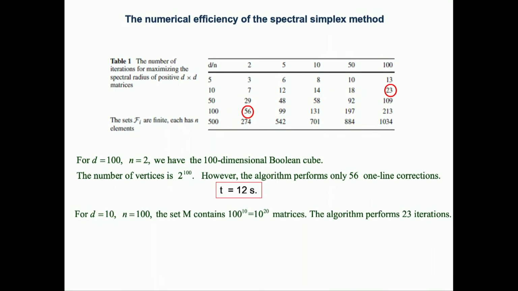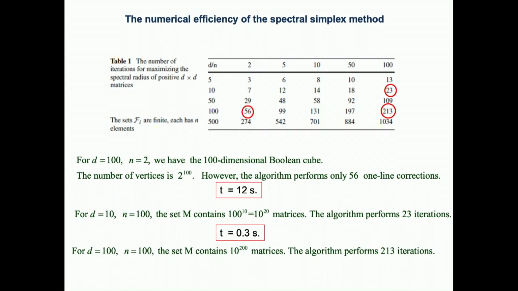If we consider less dimension, for example, the dimension 10, but all our uncertainty sets become more complicated, consisting of 100 points, it still works fast, just 0.3 seconds. Even in very high dimensions, it works up to dimension 500, but actually then we made a modification of this algorithm working in much higher dimensions.